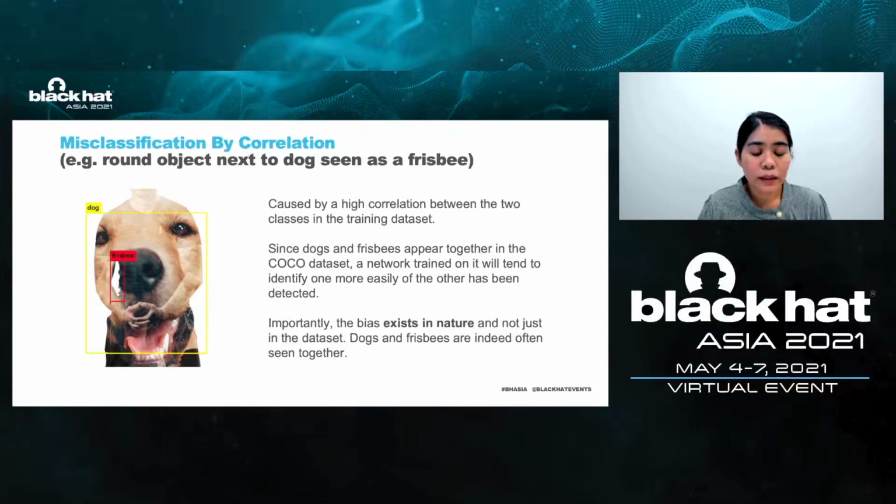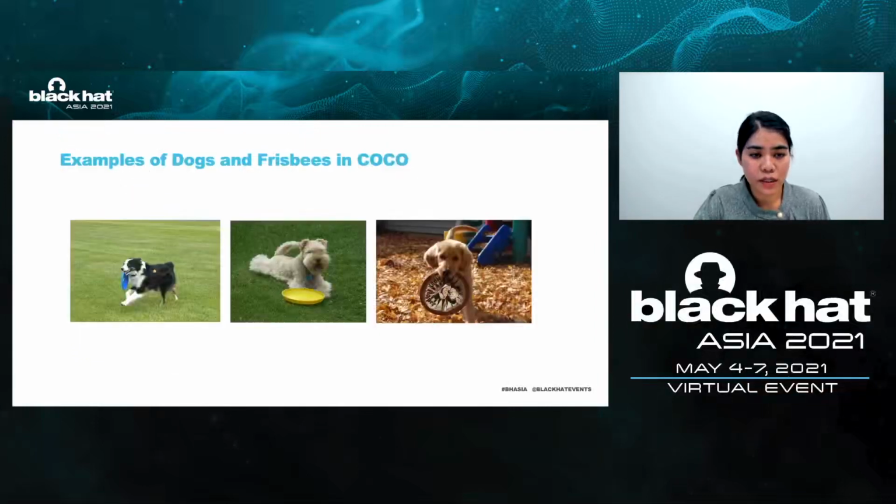These features exist in nature. I need to point out that this kind of bias exists in nature and not just in the data set. Dogs and frisbees are often seen together in nature. This main feature we use, we call a correlation bias, and we use these features to generate several adversarial images.